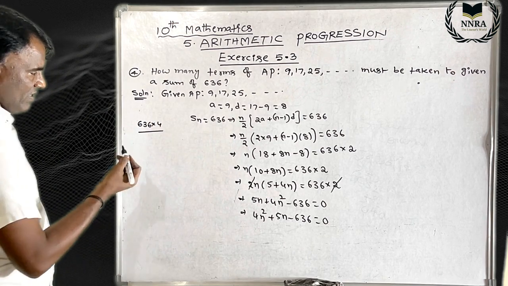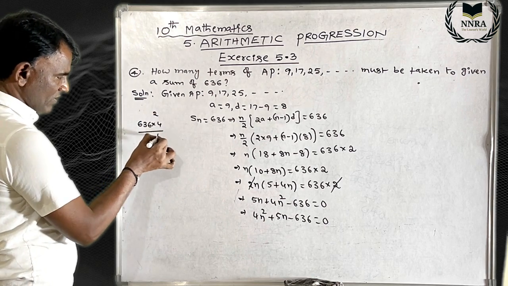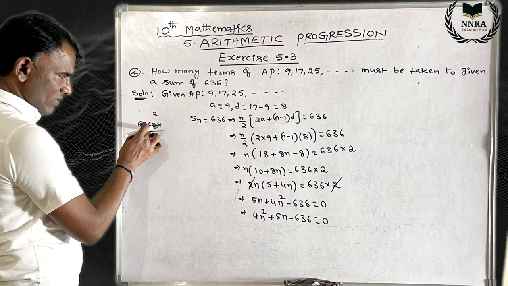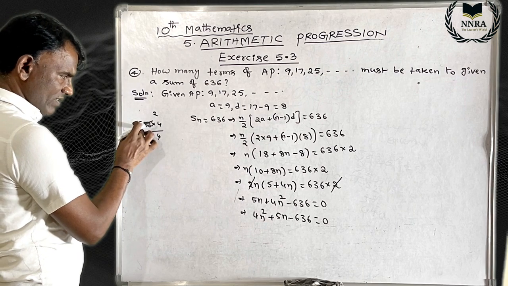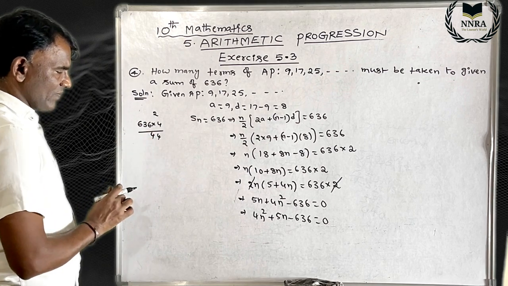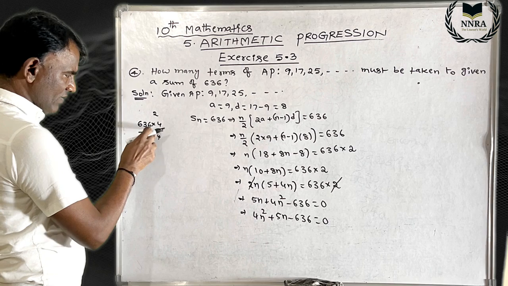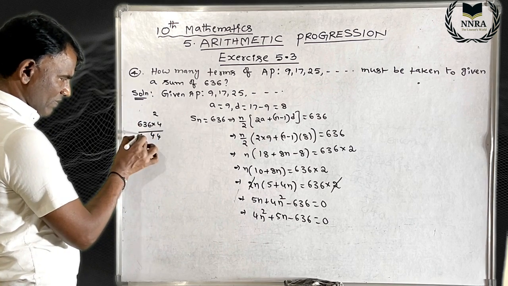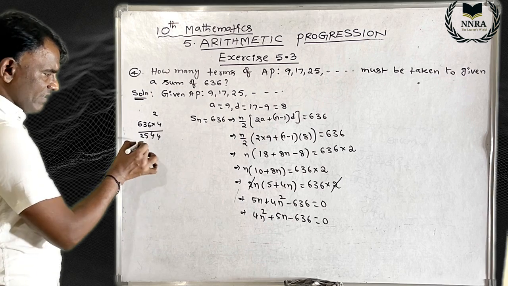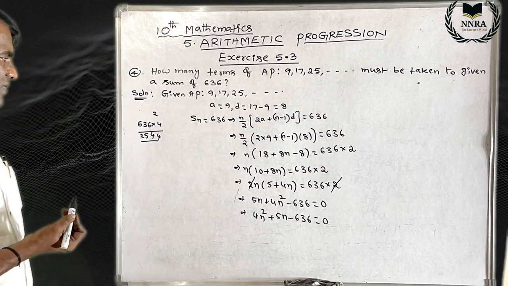How much? 4 6 is 24, 4 3 is 12, 12 plus 2 is 14. 4 into 6 24, 4 into 3 12 plus 2 14, 4 into 6 24 plus 1 25. That is the value. Then how to take this?